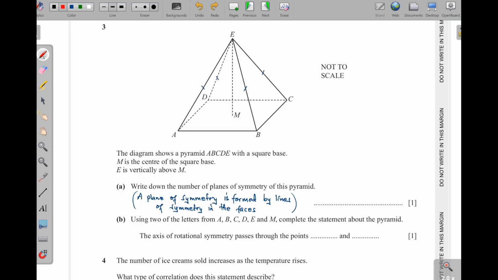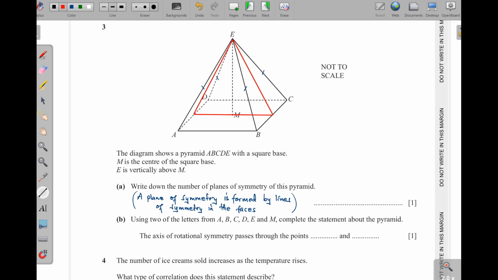So the line of symmetry is the one that passes through here in the middle. It attaches there, then joins this line of symmetry here, then it will join this line of symmetry here. You see that?